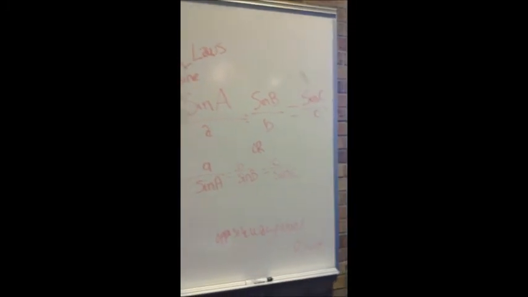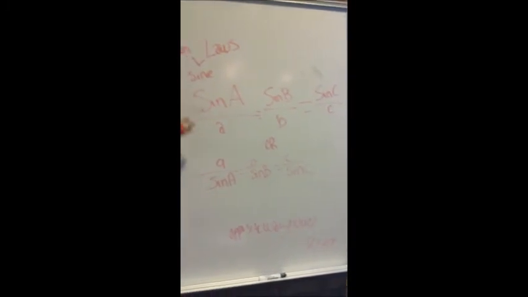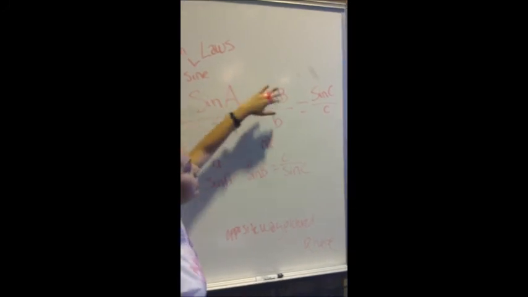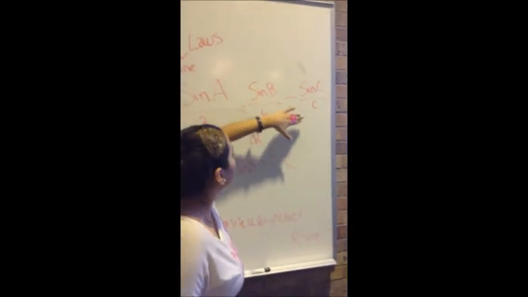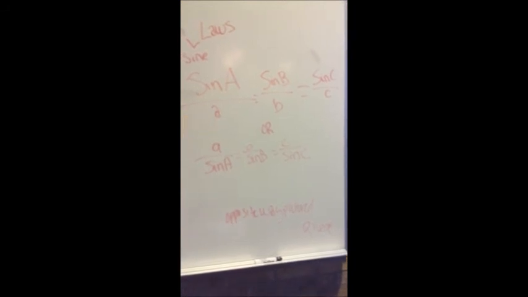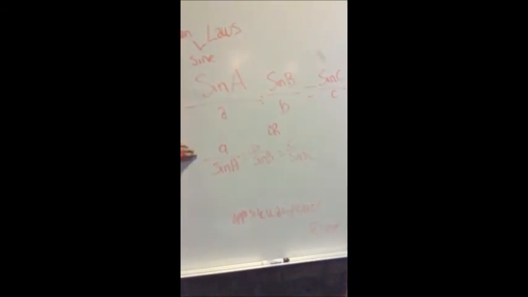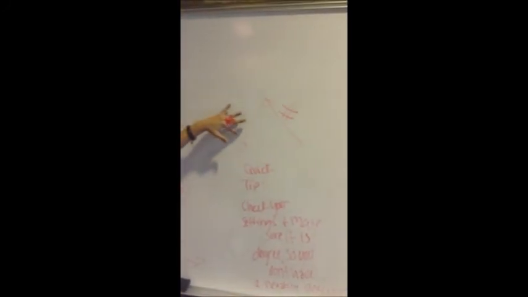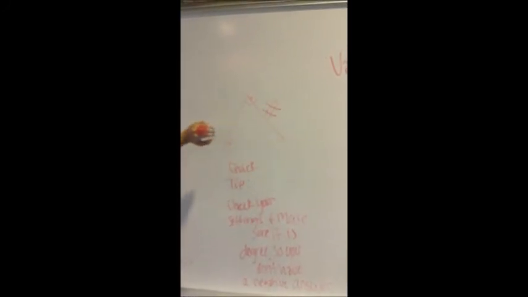Okay, so here's a quick review of the variation of sine laws. So you will have sine A over a equals sine B over b equals sine C over c. Or you could do it the opposite way pictured here. And for sine, you will have two angles and one side, which is going to be a number.